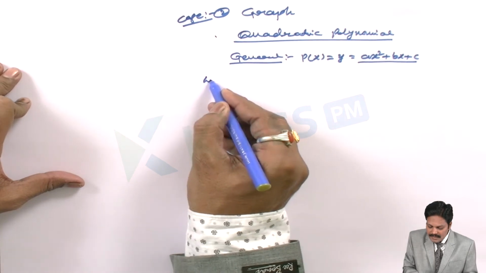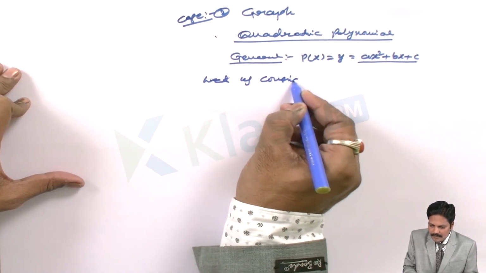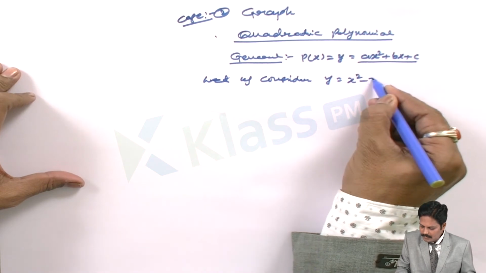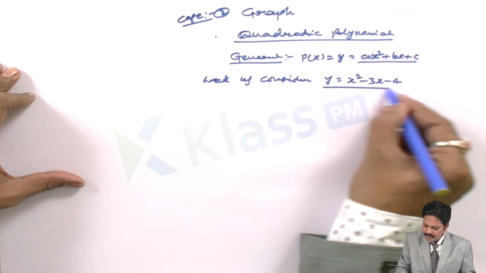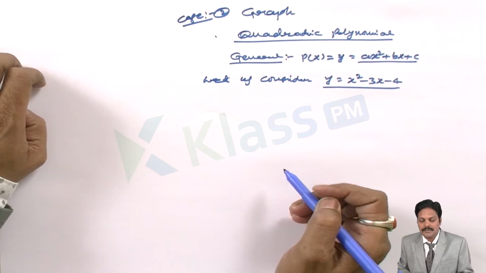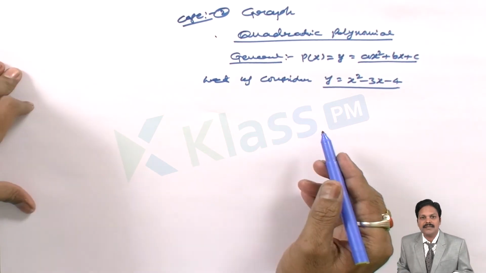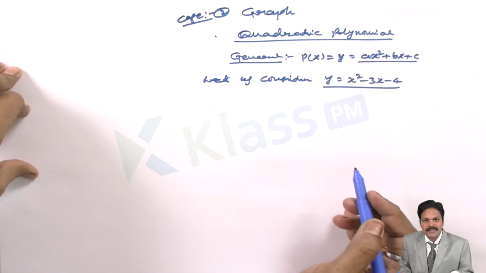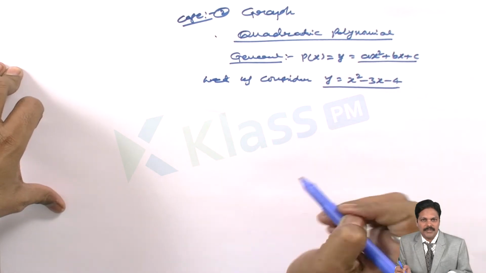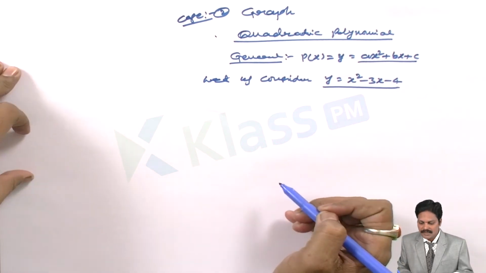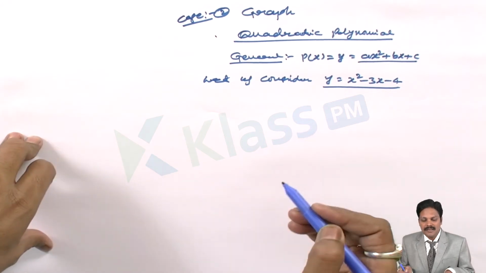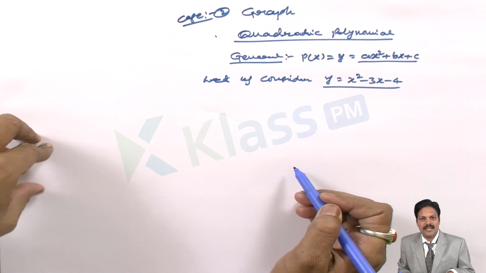See, let us consider y is equal to x square minus 3x minus 4. So this is the quadratic polynomial I am going to represent in the graph. Before going to represent the graph, we need to take the x and y values as points to locate the graph, either it is a straight line or any other graphs we are representing.